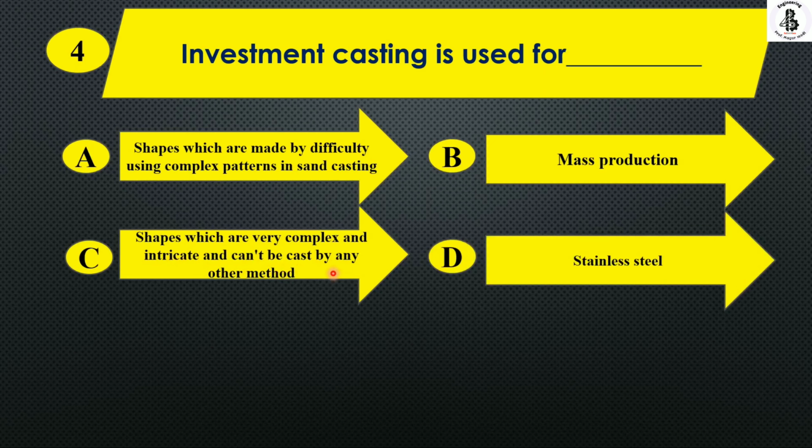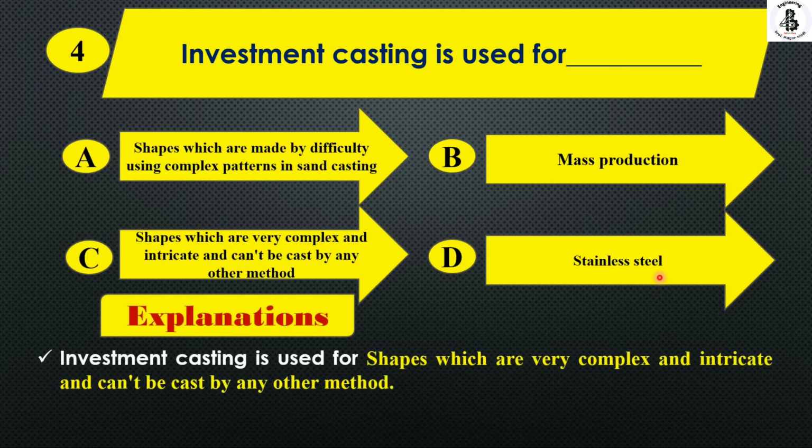And option D, stainless steel. Application-wise, investment casting is basically used for very complex and intricate shapes that can't be cast by other methods. It is also known as the lost wax process. So the right answer is option C.